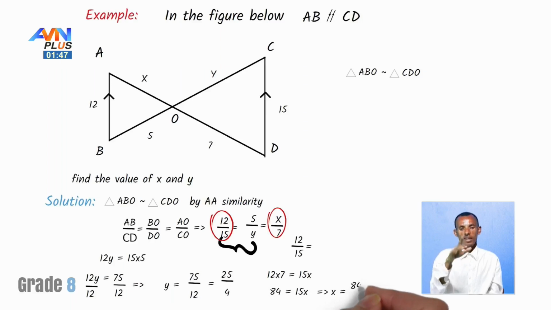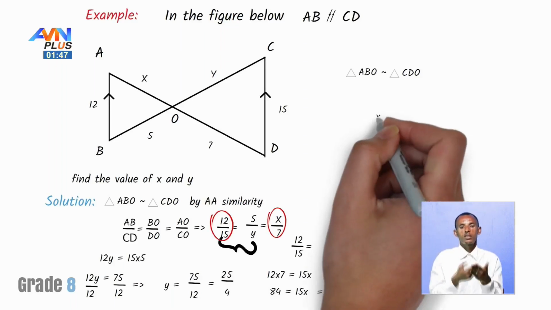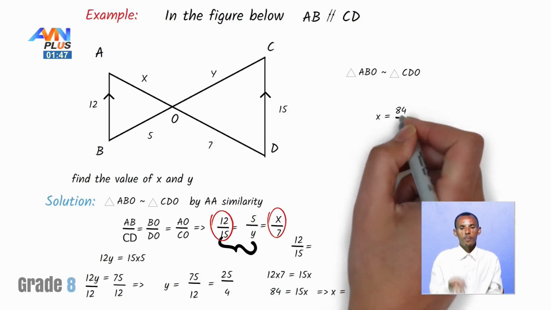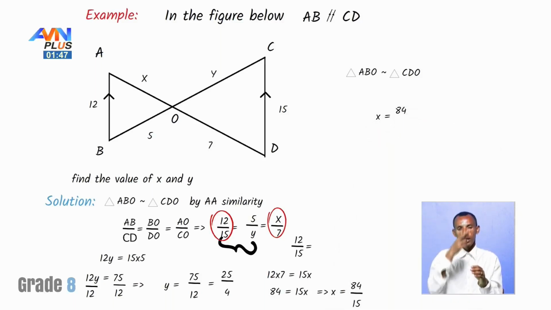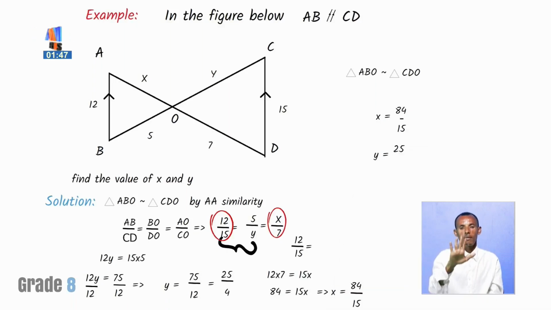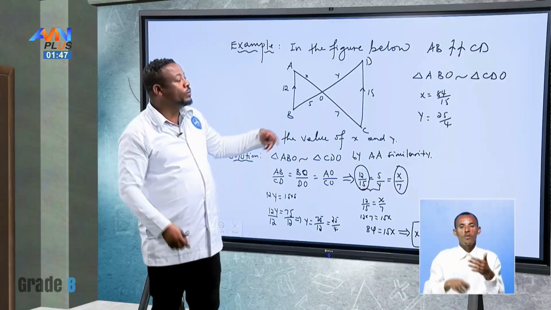So dividing both sides by 15, the x value becomes 84 over 15. Okay, these two are the required values. So in our case, x is 84 over 15, and y is 25 over 4. Okay, these two are the required values of the unknown variables.